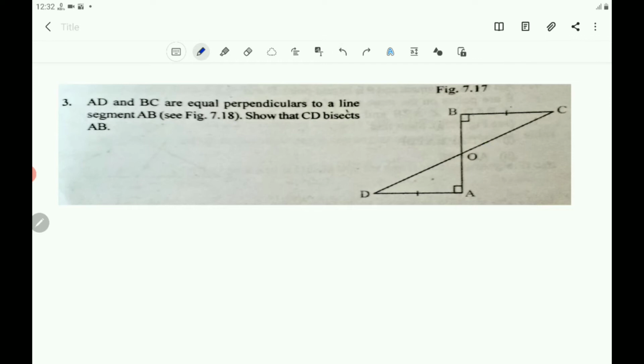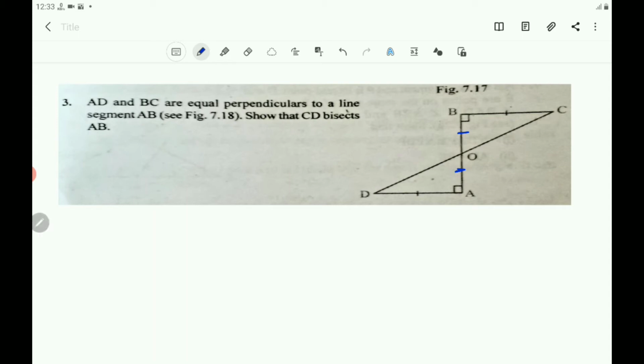It bisects AB, meaning CD intersects AB at a point O, and AB is bisected by CD, meaning BO must be equal to OA. That you have to prove here. If you prove BO is equal to OA, then you can say that AB is bisected by the line segment CD.